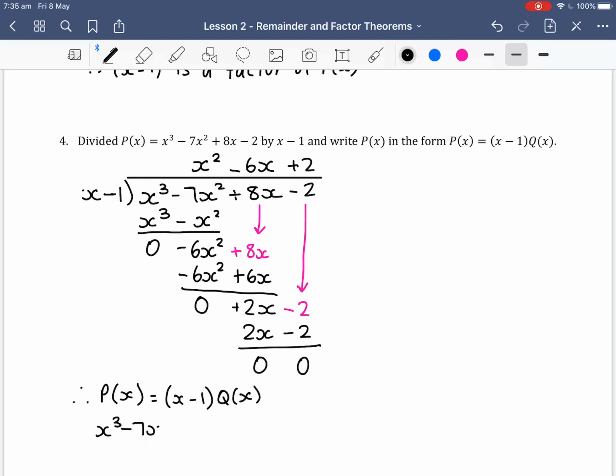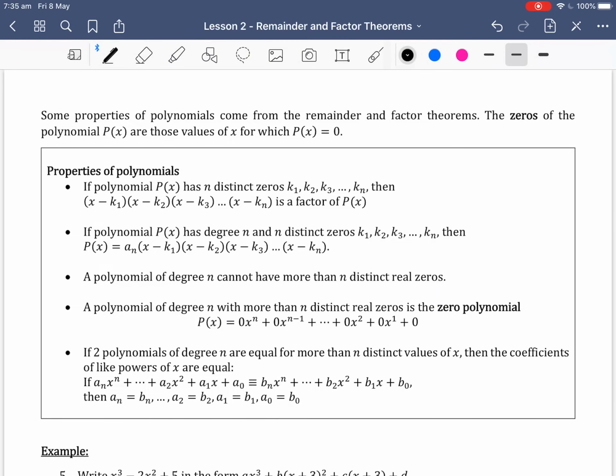So we have x cubed minus 7x squared plus 8x minus 2 equals x minus 1 in one bracket and x squared minus 6x plus 2 in the other bracket. Moving on.